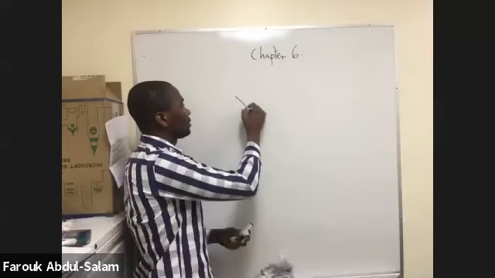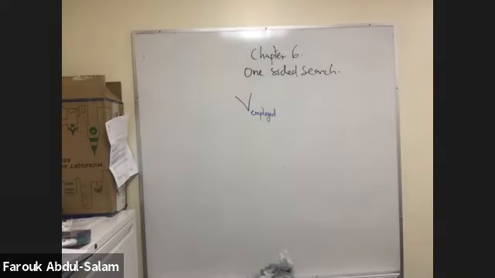VE represents the value of you being employed, how much you value the work you have. And remember, whenever you have work, you are being given a wage. So this is the first part of the one-sided search. We take into account the fact that the individual has work and he values his work.